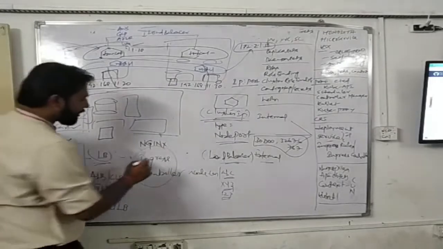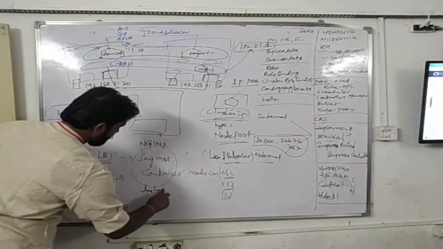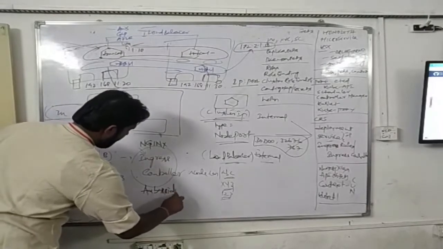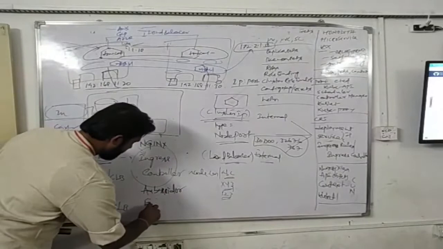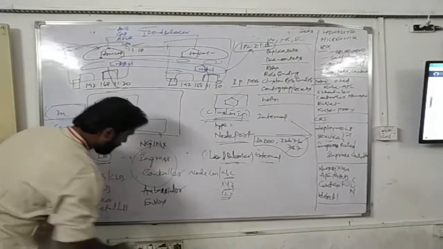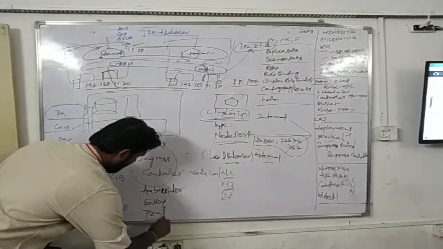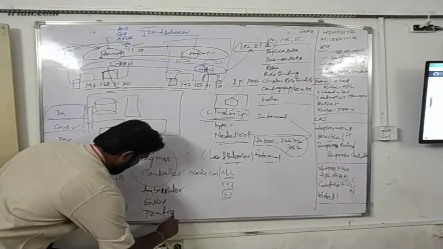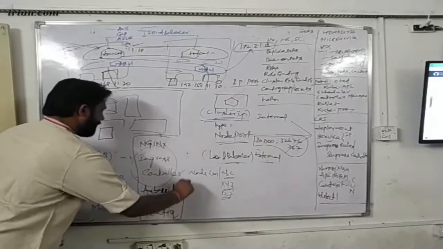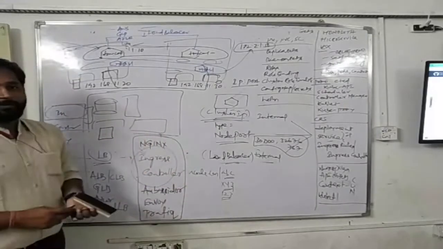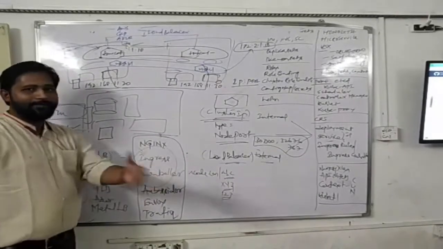There are other popular ingress controllers: Ambassador, which is another product, Envoy, Traffic. We can set up any one of them depending on how we want it. They're just names. The ingress controller itself is a product.